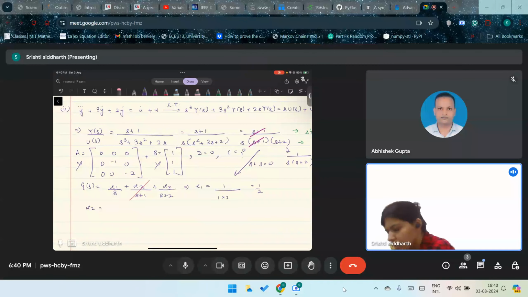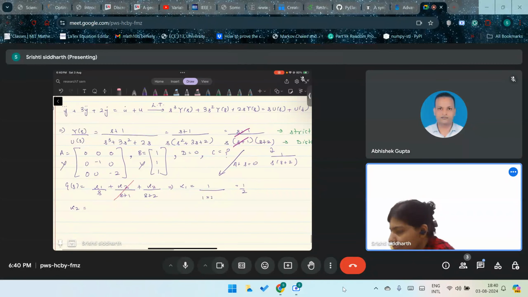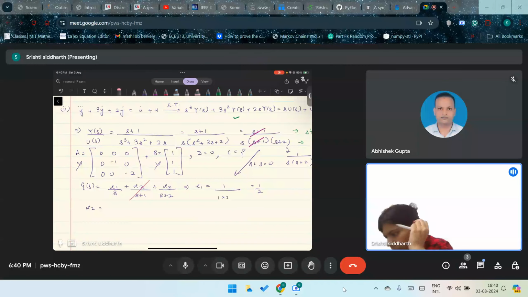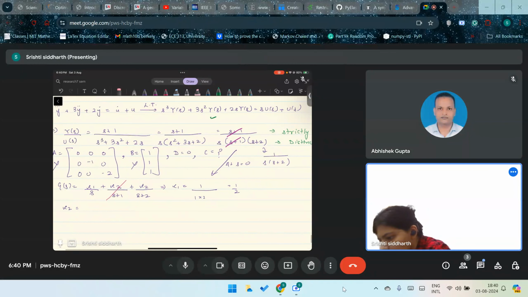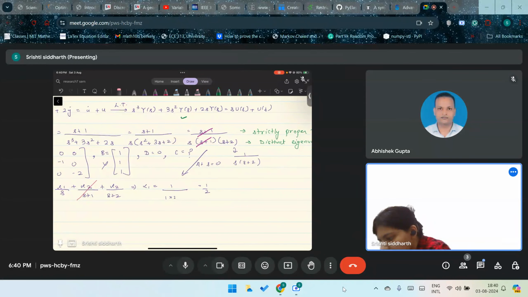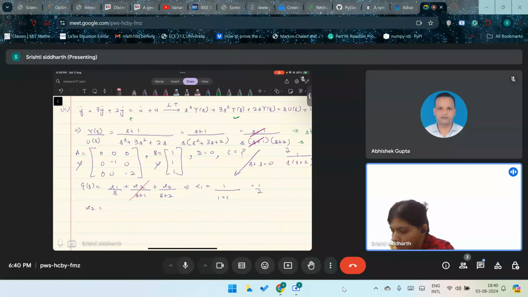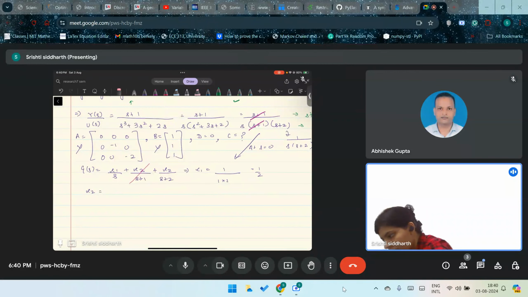So let's just check this once. Okay, so this is fine. This is alright. Okay. So you can see that even though we had the third order differential equation, we're going to reduce this to a second order state space model. So let's see what C2 is then.